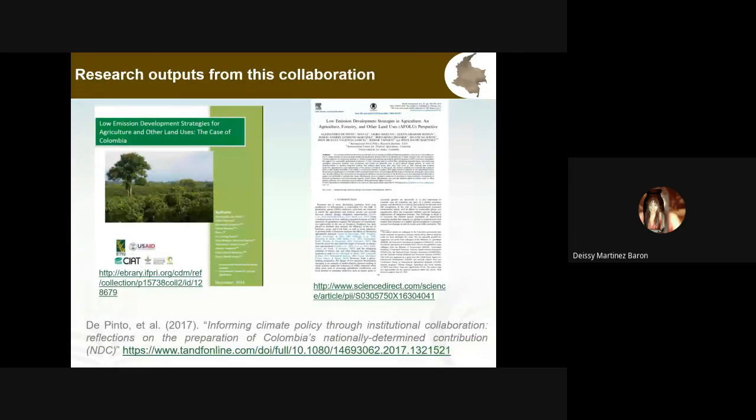And here you can find some of the research outputs that we developed from this collaboration, where we detailed not only the models used and how the technical approach was implemented, but also the stakeholder process that we were working with, facilitating those science policy dialogues.